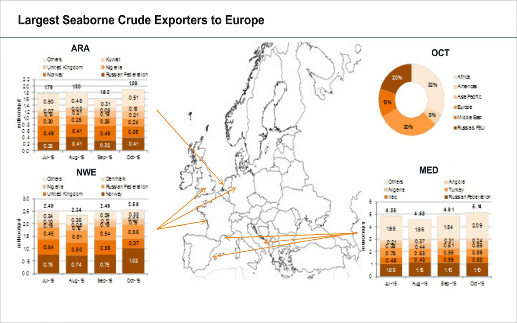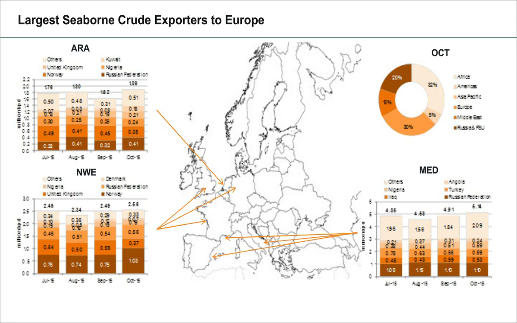And lastly, the Mediterranean has also imported a steady amount of Russian crude via the Black Sea ports, with exports of distillate-rich Azeri and Iraqi grades also heavily favoured in place of North Sea grades typically used in ARA and Northwest Europe. Following a summer lull, preference for Iraqi grades has been steadily increasing as refiners have switched away from gasoline towards heavier barrels, which are producing better margins. So as a whole, Europe imported around 30% of its crude from European locations during October, with 32% of that from Africa and 20% from Russia and FSU.